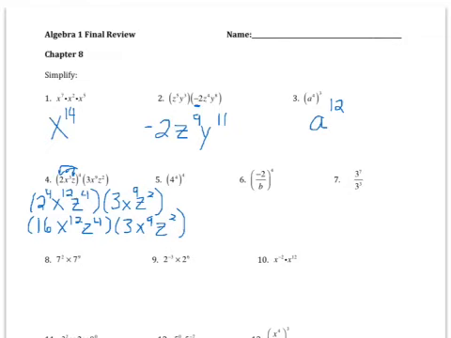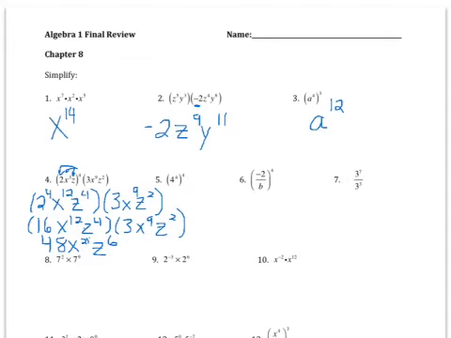So 16 times 3 is 48. X to the 12th times x to the 9th, we want to add our exponents, so that will be x to the 21st. And z to the 4th times z squared, we want to add our exponents, so that will be z to the 6th.